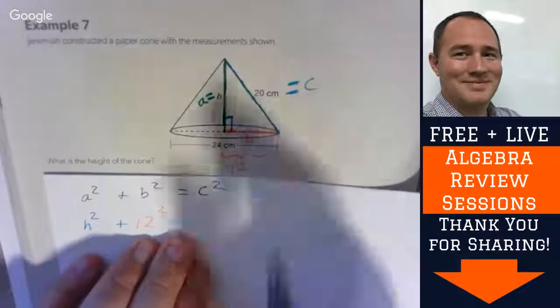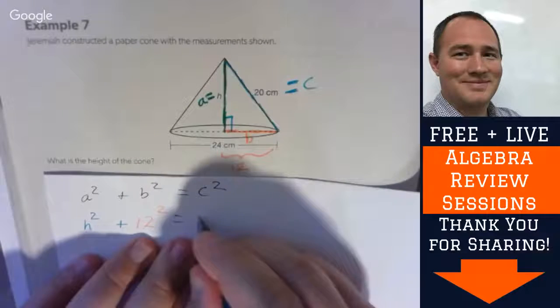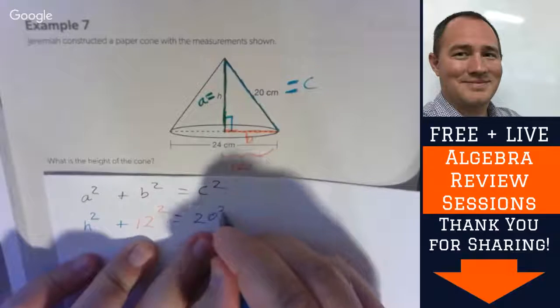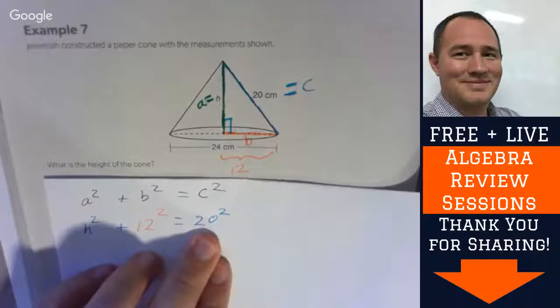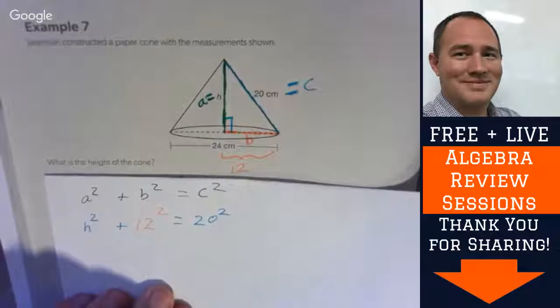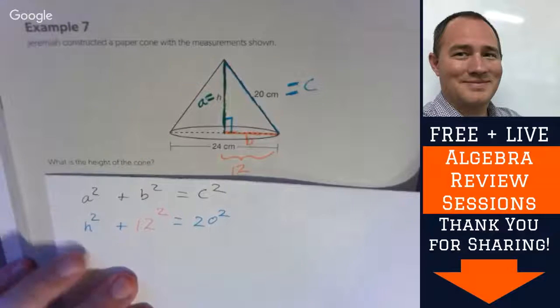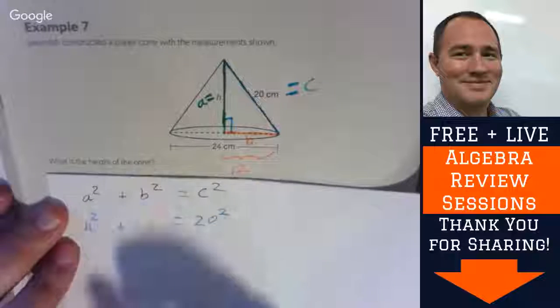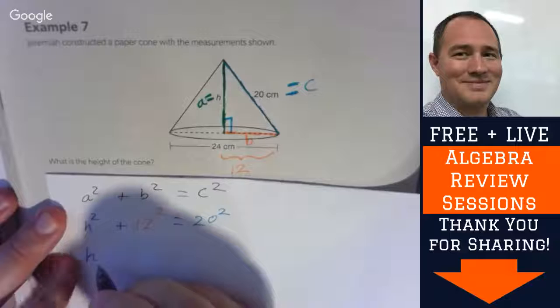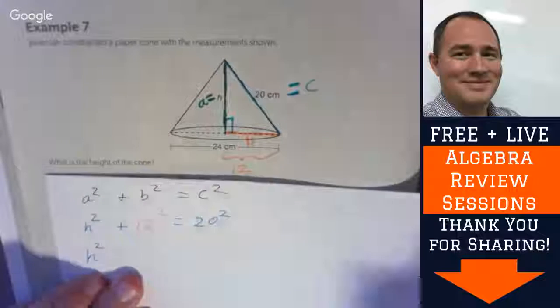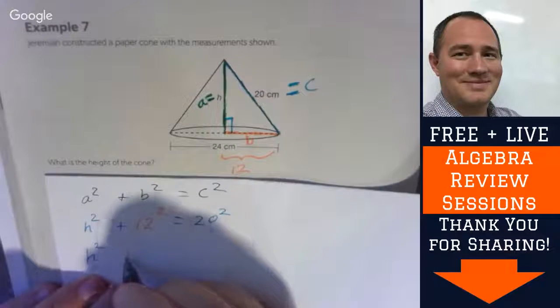Our C they give us is 20, and that, squared. So let's go ahead and start to solve these. H squared is going to stay H squared. 12 squared becomes 144.